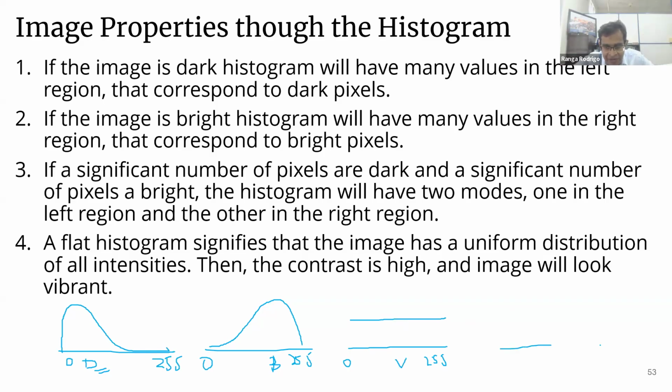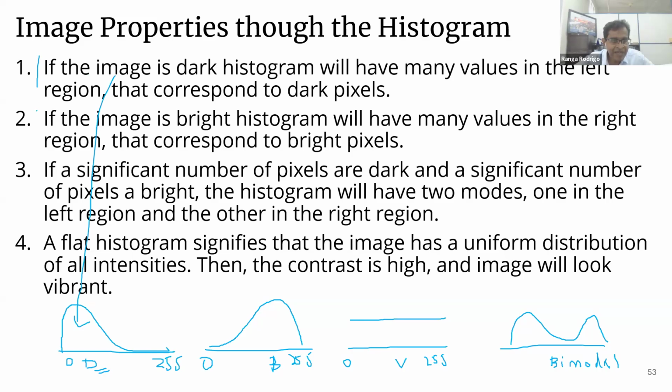If you take a histogram like this, something like that, what is that? It's a bimodal histogram. There are two modes in the histogram: dark pixels and bright pixels, and so on, right? Okay. If the image is dark, the histogram will have many pixel values in the left region.